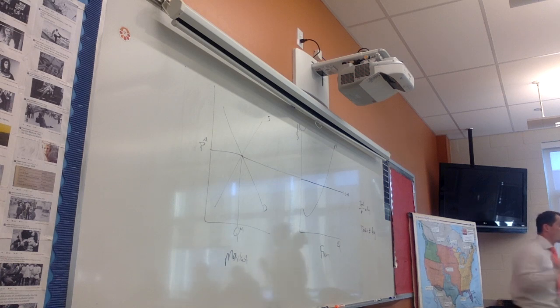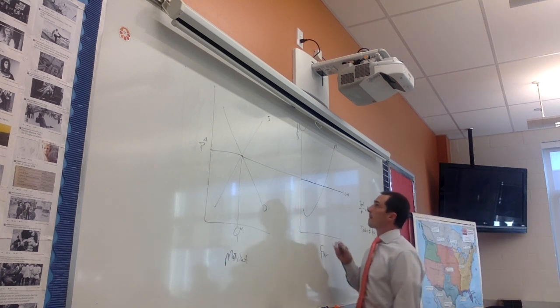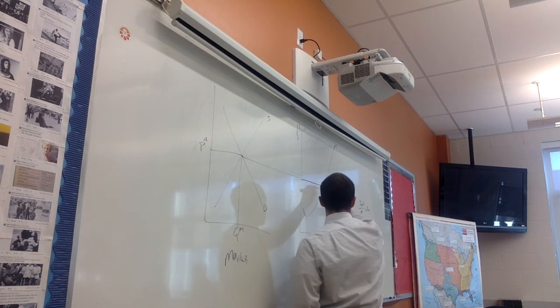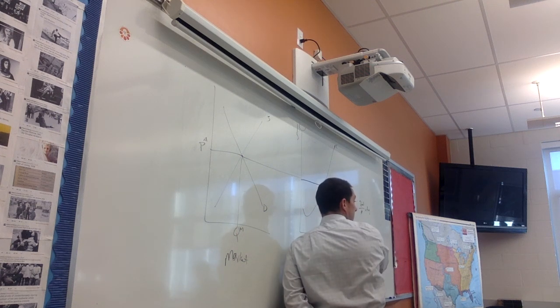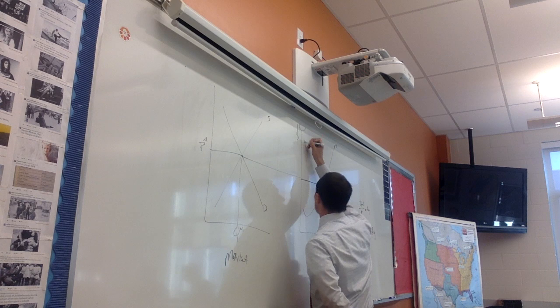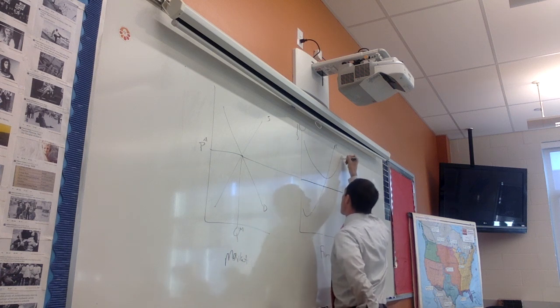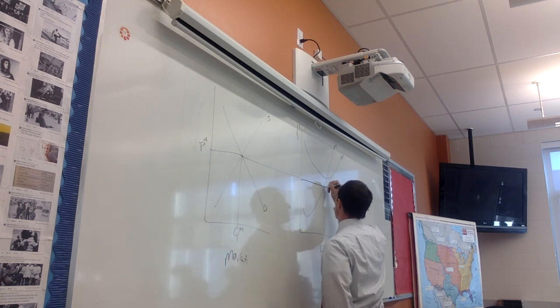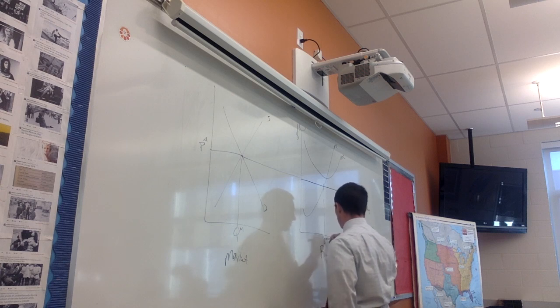But firms can operate at a loss. What would happen? Here's my total revenue, but my total revenue is going to be less than my total cost. Here's where I produce.